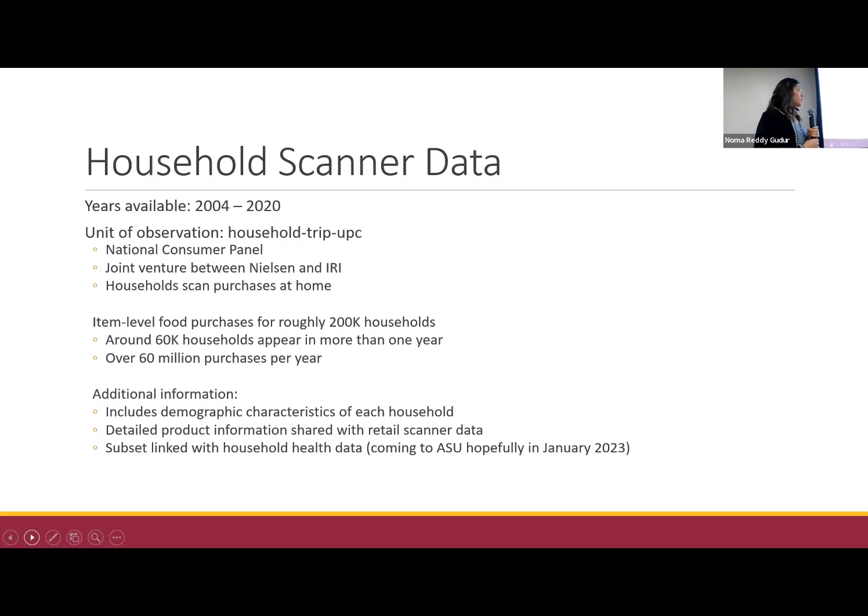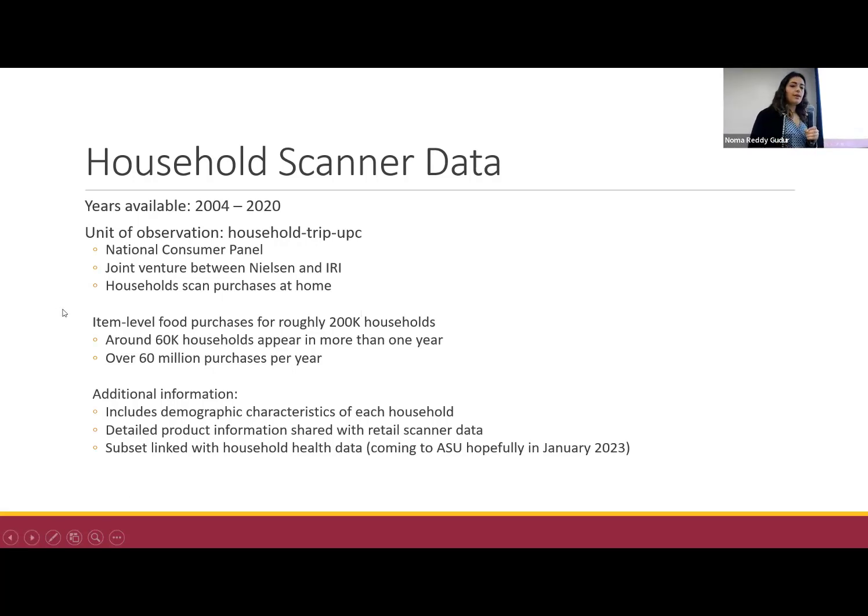So that joint venture is actually called the National Consumer Panel, and they basically created a mechanism so that they could collect households' purchases, wherein the households would scan their purchases at home, and they do this solicitation so that they can capture the sample of households.